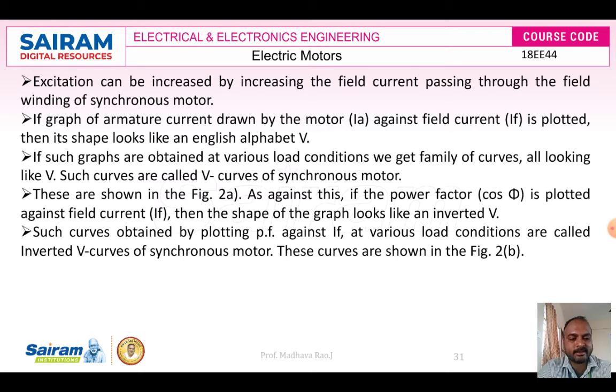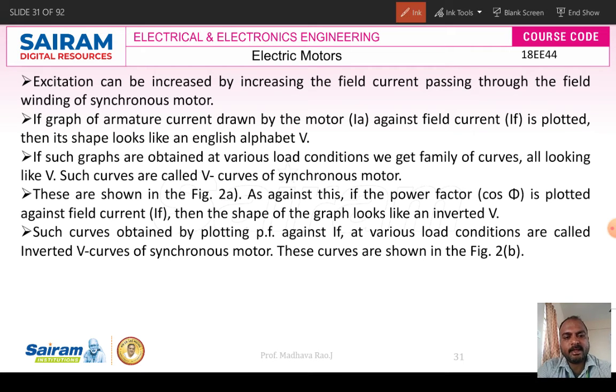In the next slide we can see the graphs, and the graphs look like a V, which is why we call them V curves. If you draw IA versus IF, we will get the V curves.